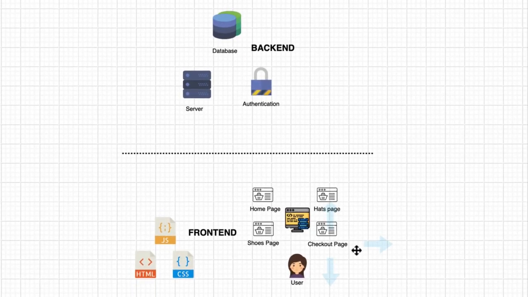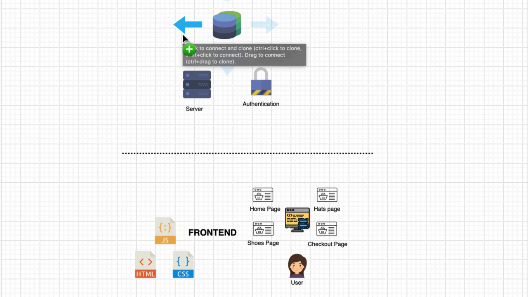So on our front end, for example, a user navigates to a hats page, and in our code, we would write something like, I want from our server the 20 latest hats that are available. Well, our server would figure out the best way to query the database for the 20 latest hats in all those thousands of items that are available.